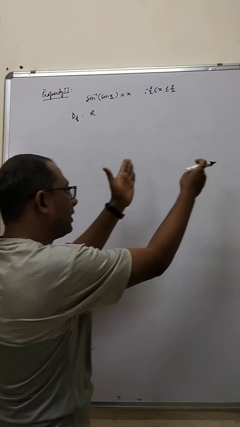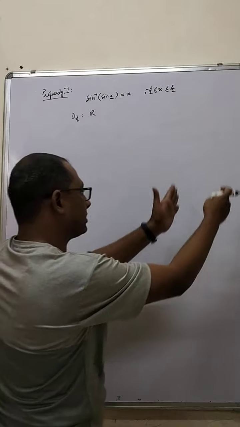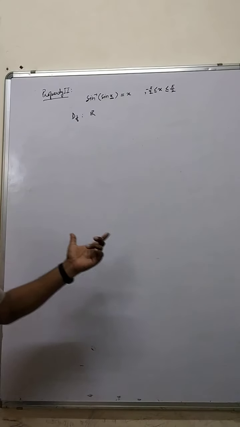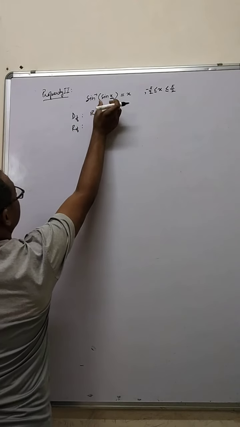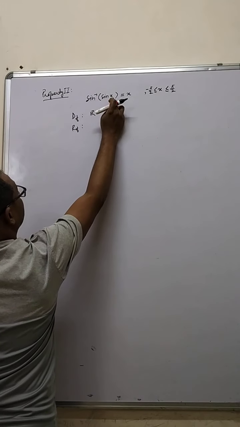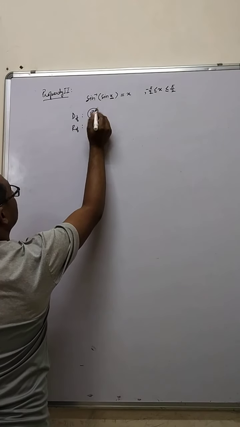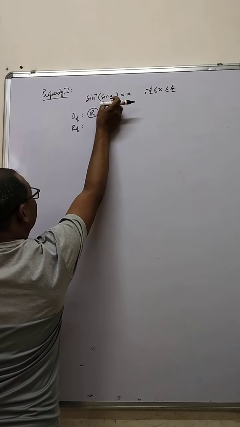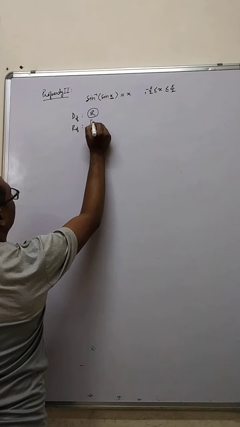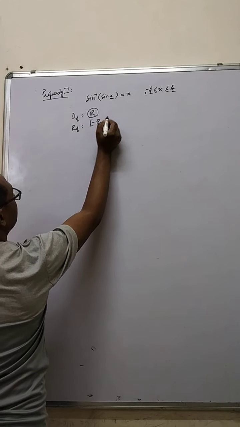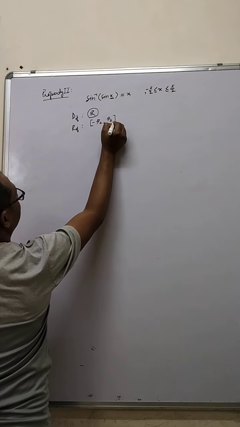We have many other intervals. What about those? And let us find the range of this function. This x is free to take all real values. Sine inverse of anything, we know that the range of sine inverse x is -π/2 to π/2. So the range of this function is -π/2 to π/2 only.